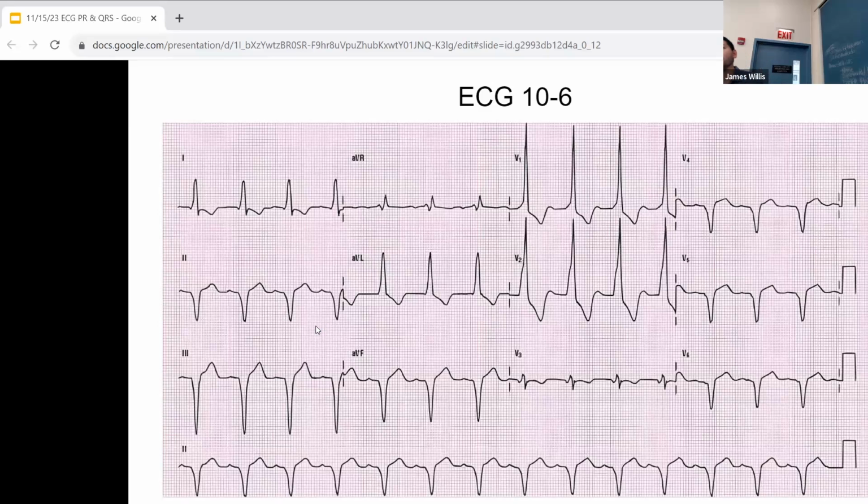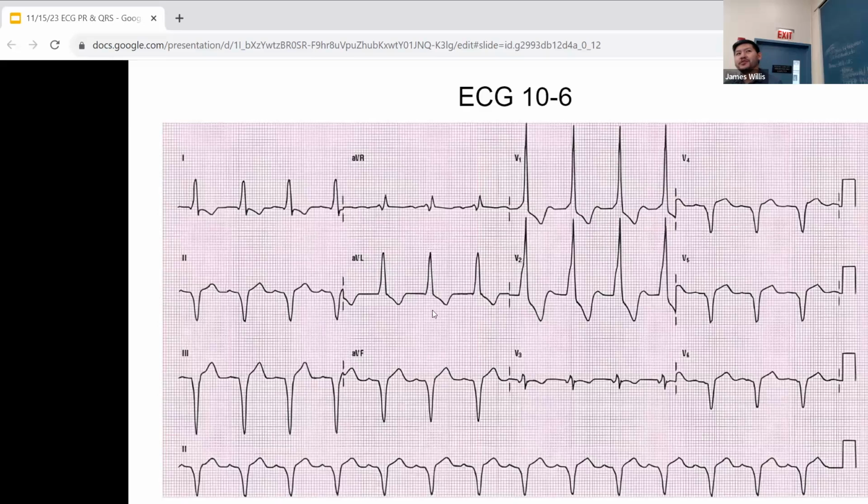It has a left axis. It seems like a regular rate, not super fast. It's a right bundle block. Sorry, left bundle block. And no, you don't think so. Can it be left if it's up in V1, V2? Oh, yeah.